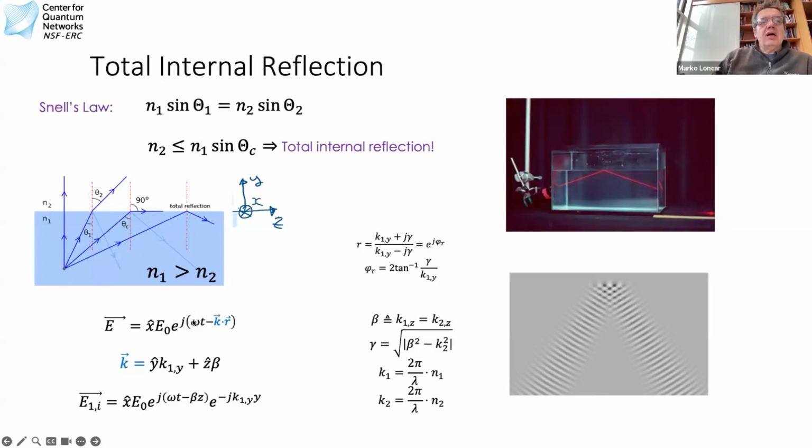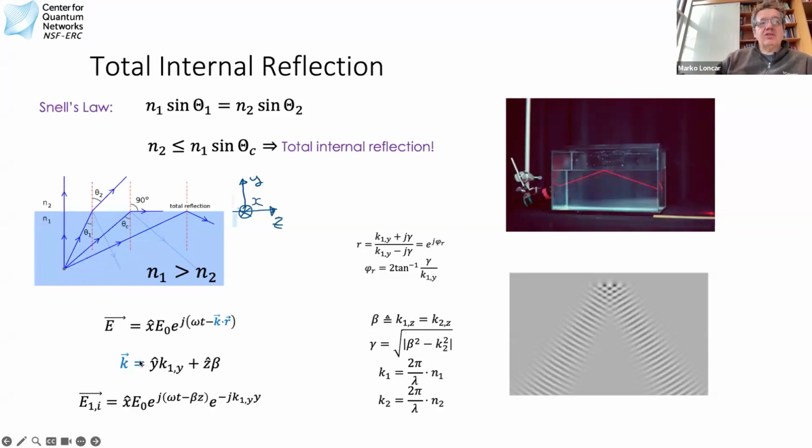In order to see a little more closely what happens here, we are considering so-called TE polarized light, where the electric field vector is along the x-axis. The x-axis is perpendicular to your screen. In that case, the equation that I showed you before for electromagnetic waves can be written like this. Because this electromagnetic field in medium n1 is still a transverse wave, the wave vector will be only in the direction of y and z.